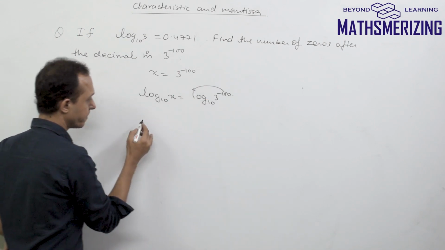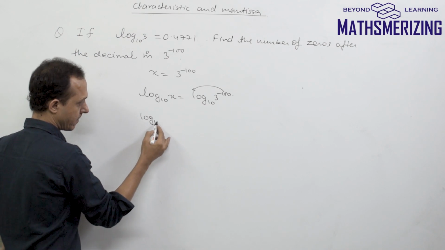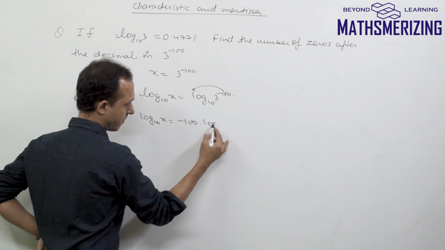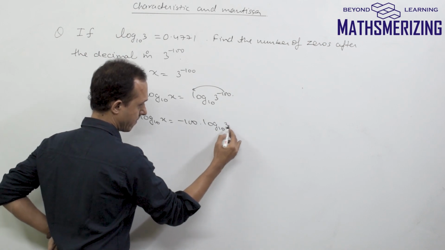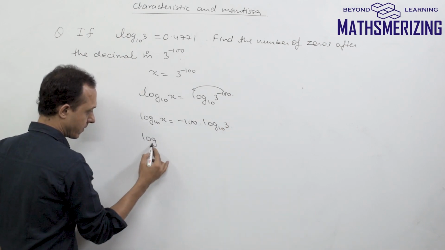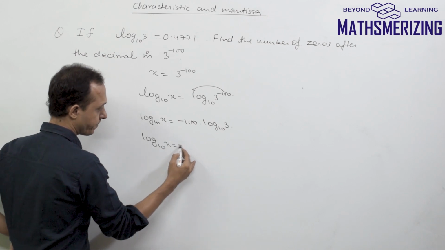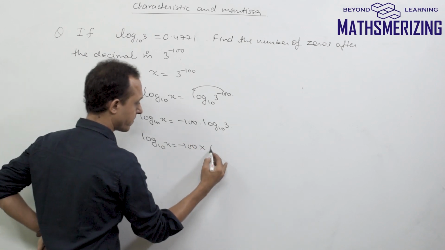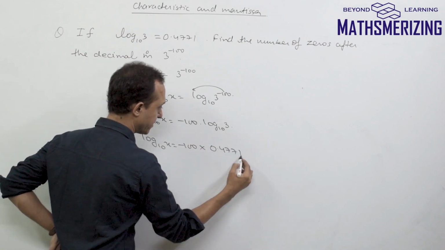I can take this number out. So this is log x base 10 equals minus 100 times log 3 base 10, which is 0.4771.